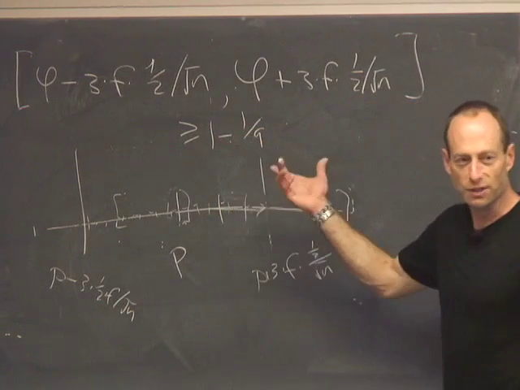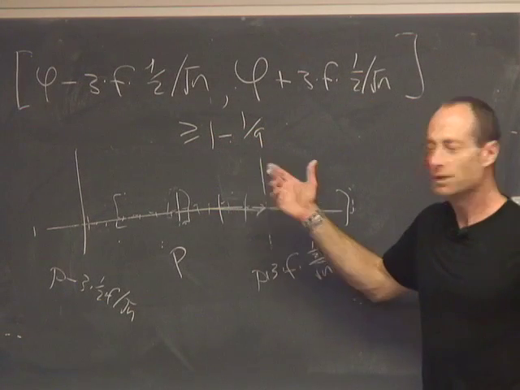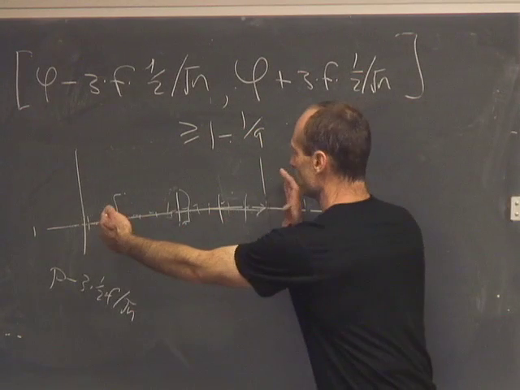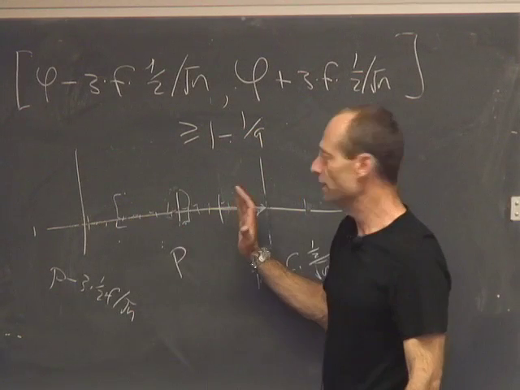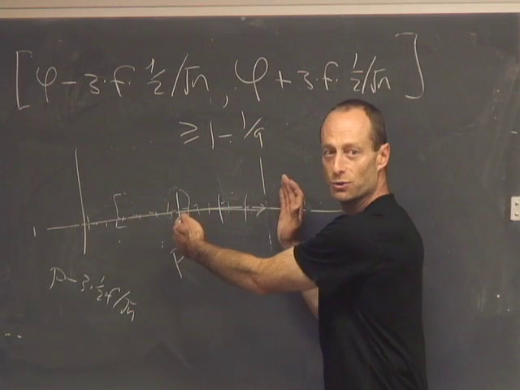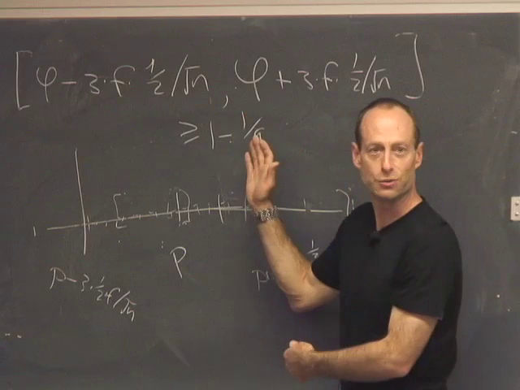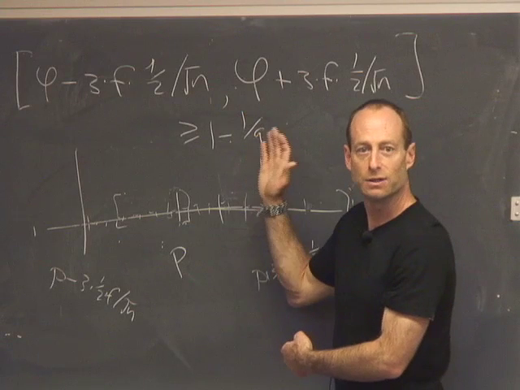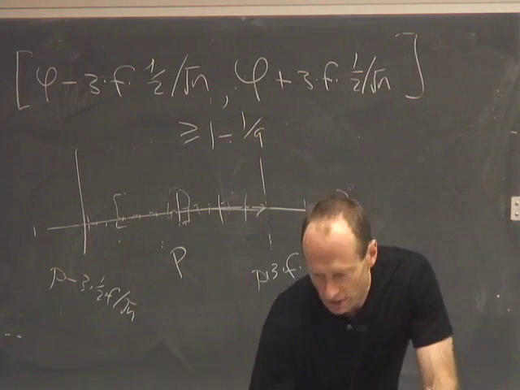Right? It's at least 8/9. At least 8/9 of the time, the sample percentage is this close to the population percentage. Whenever that happens, this includes the truth. Okay? Some of the time it isn't, and then it doesn't include the truth.